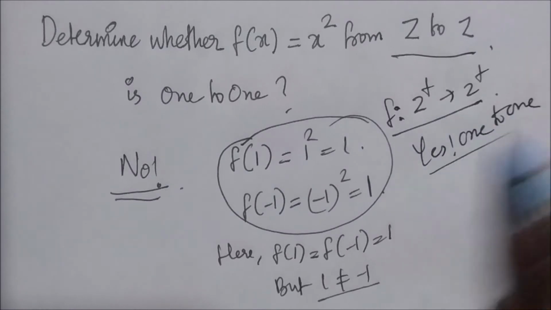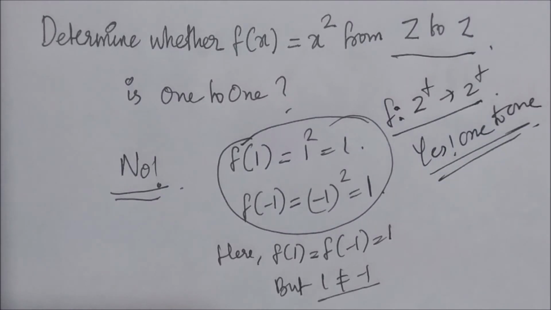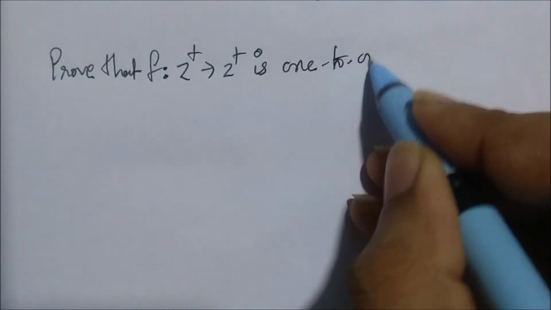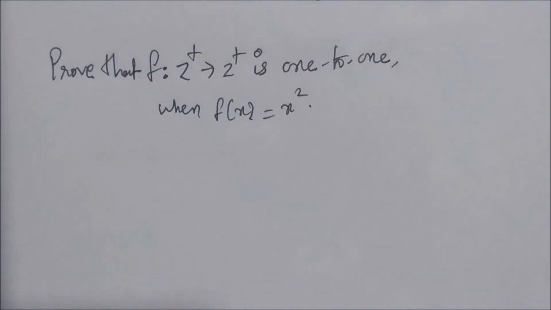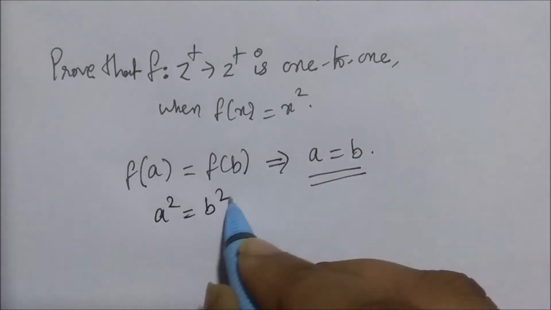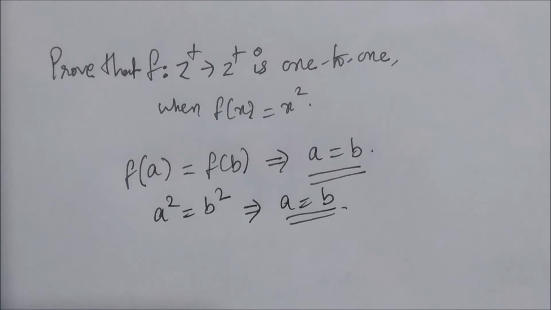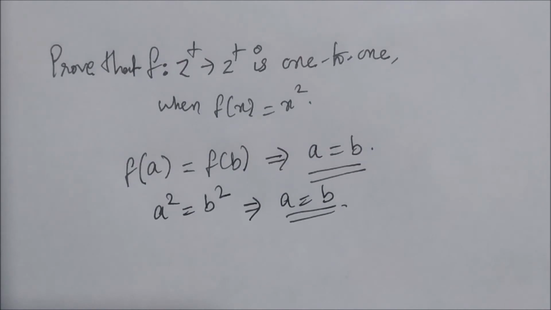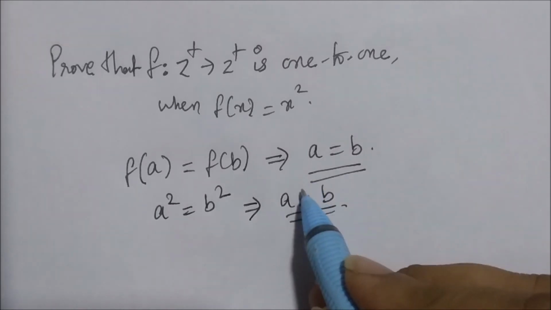Here, because the function is from Z plus to Z plus, and f of x equal to x square, f of a equal to f of b implies a equal to b, meaning a square equal to b square implies that a equal to b. And that's how, when the function is from set of positive integers to set of positive integers, f of x equal to x square is a one-to-one function.